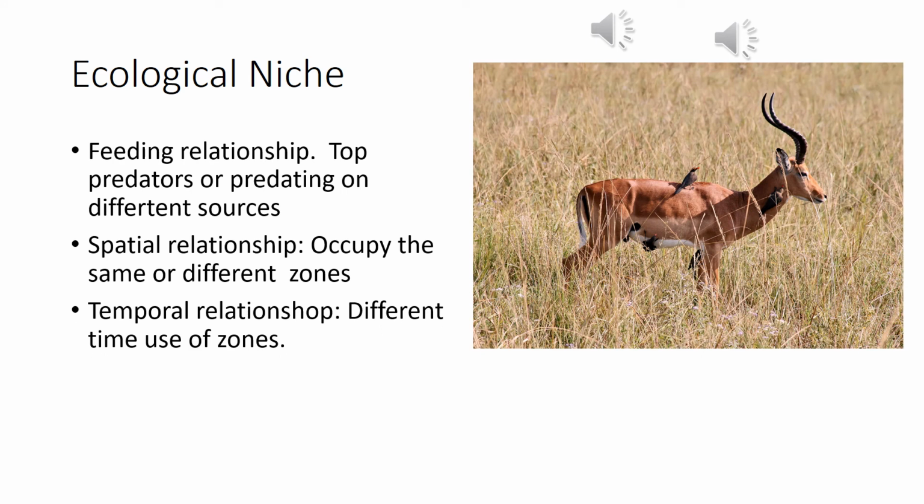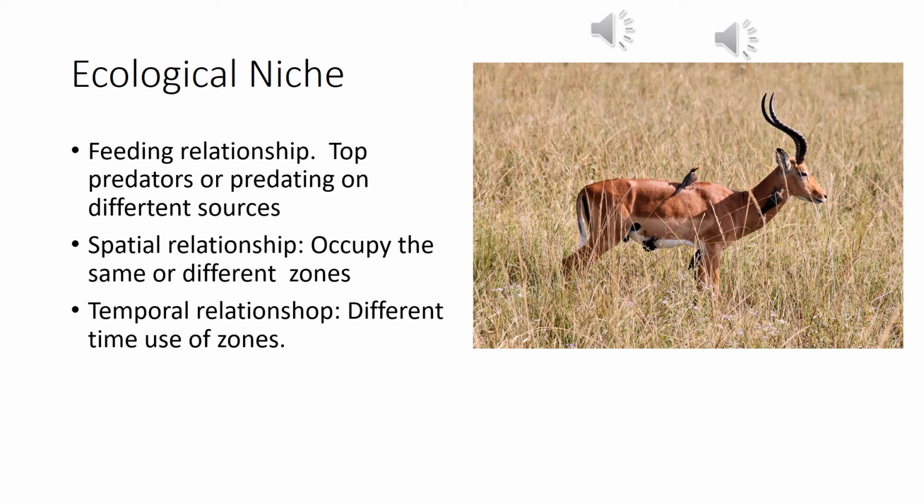Ecological niche is one of the words we also use a lot, and it's often a little harder to understand than species, community, and population. The ecological niche is defined as the role of a species within the ecosystem. So, for example, the shark's niche is the role of a top predator.